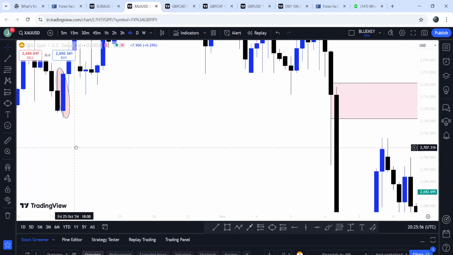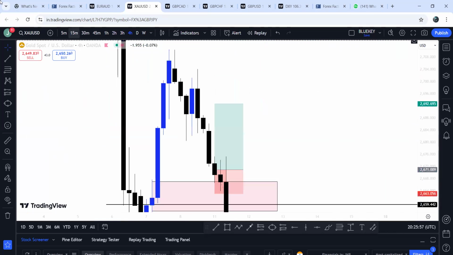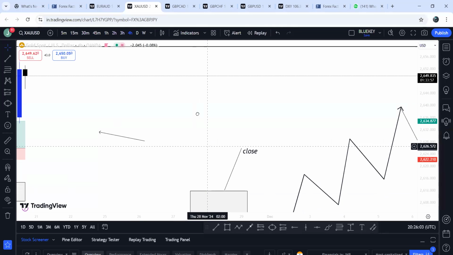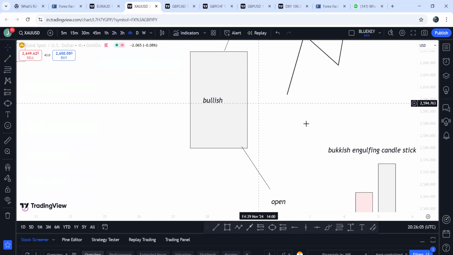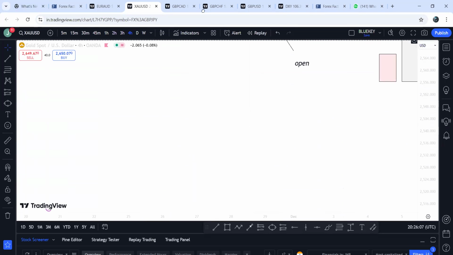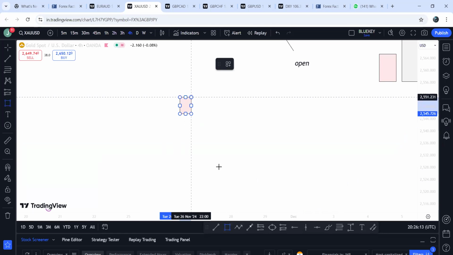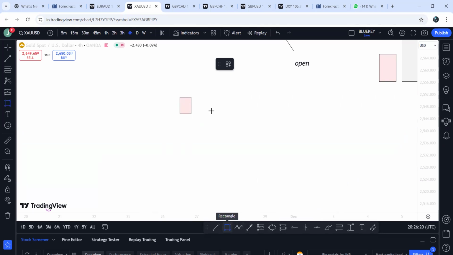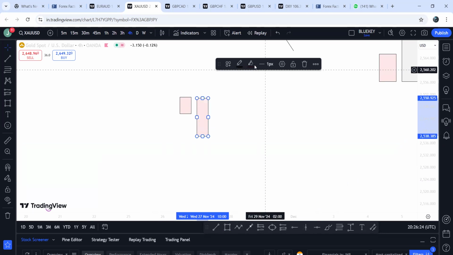For a bearish engulfing, it is very similar, but it's just the opposite of a bullish engulfing, right? So let me show you what a bearish engulfing looks like. So this is what a bearish engulfing looks like. It starts with a buying candle, a bullish candle, and then it shows you a bearish candle.